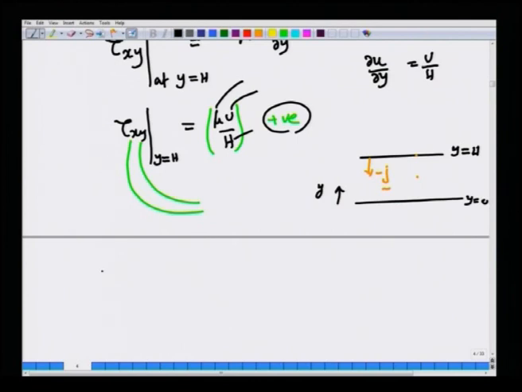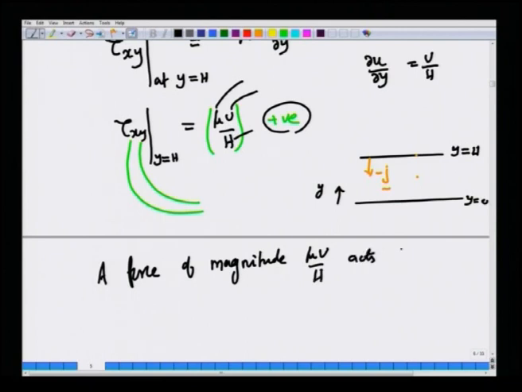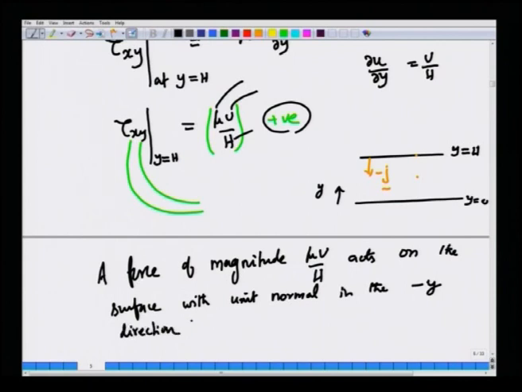If tau x y is positive, that means that a force of magnitude mu u by h acts on the surface with unit normal in the minus y direction, and the direction of the force is the minus x direction.